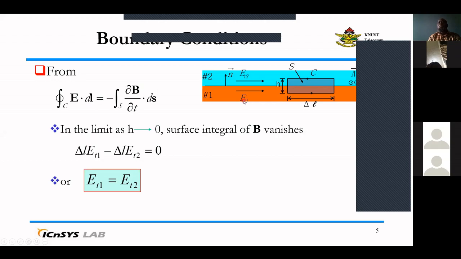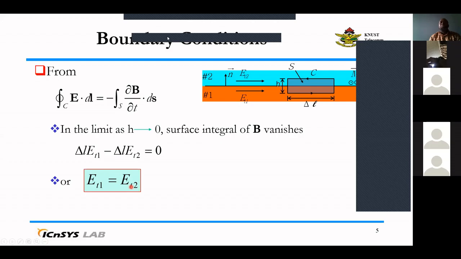So the integral of E dL in medium 1 will be ET1, the tangential component of the electric field intensity in medium 1, times delta L, and in the opposite direction, minus delta L times ET2. Since the surface integral of B vanishes with h approaching 0, this should be equal to 0. Clearly, since delta L is common to both, ET1 equals ET2.